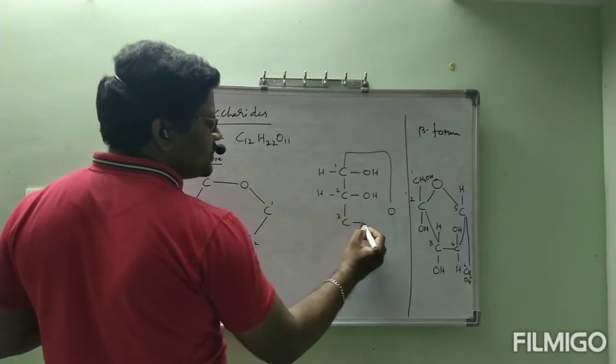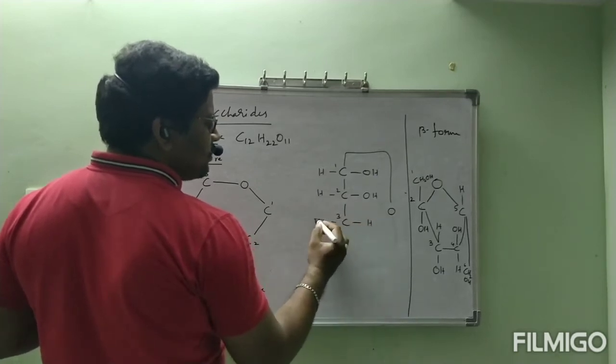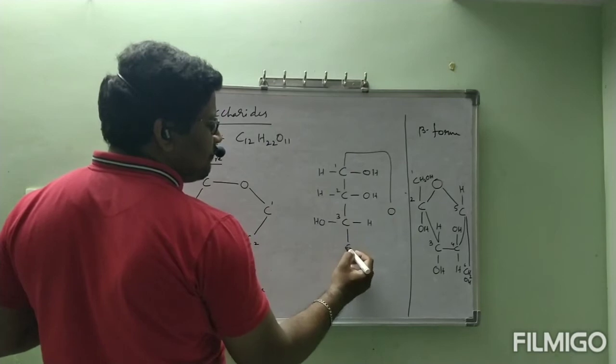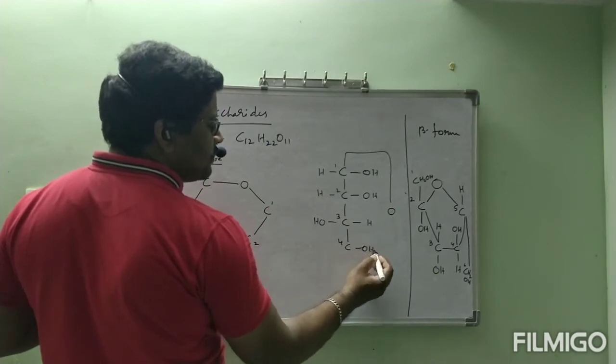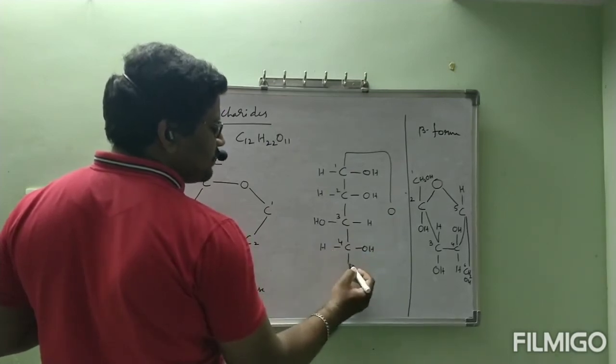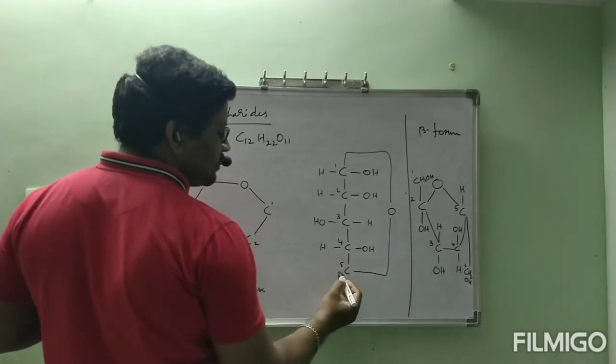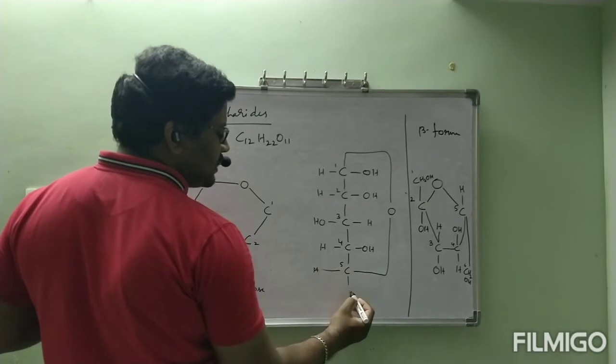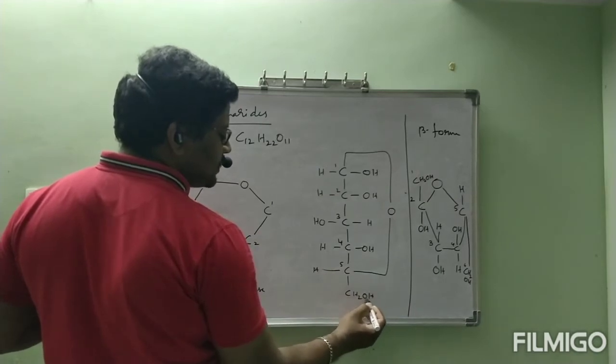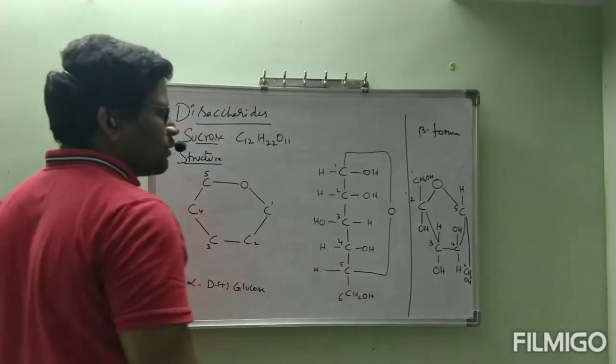Third carbon contains H right side, OH left side. Fourth carbon contains OH right side, H left side. Fifth carbon is bonded with oxygen and here H and here CH2OH. This is sixth carbon.